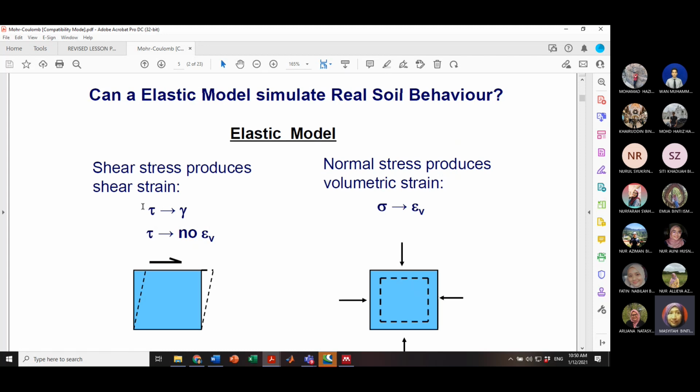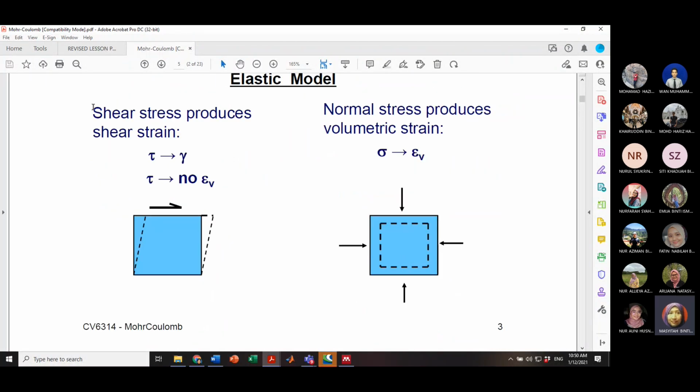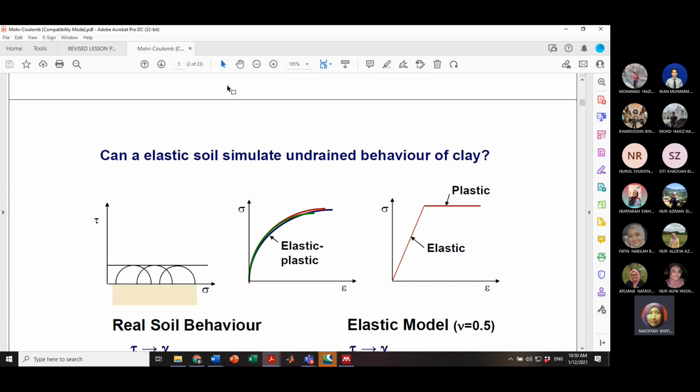It will have shear stress and shear strain, but no volumetric strain. Somehow when normal stress is produced, you will have volumetric strain. So they are different: one is produced by shear stress, the other by normal stress, if you take it as an elastic model.